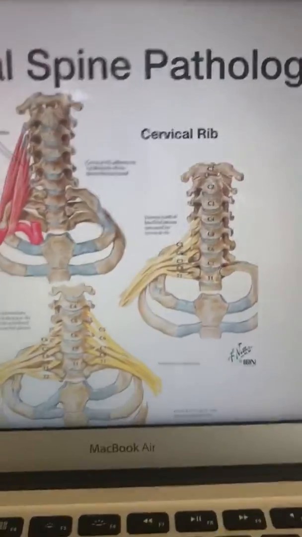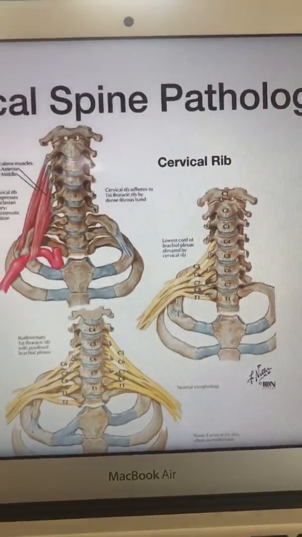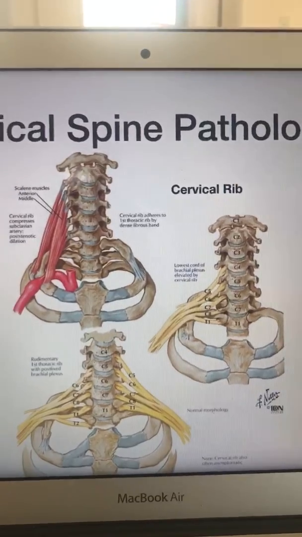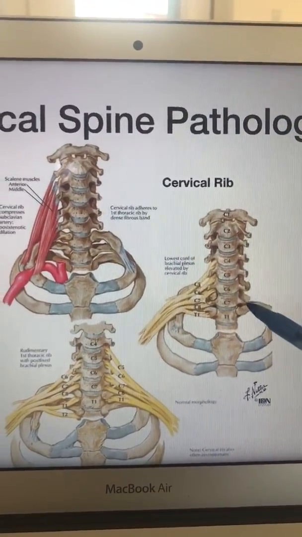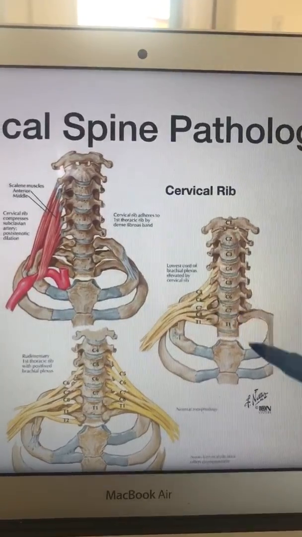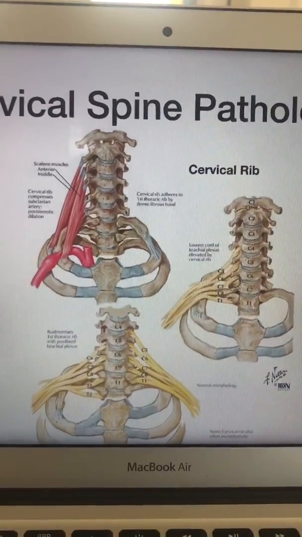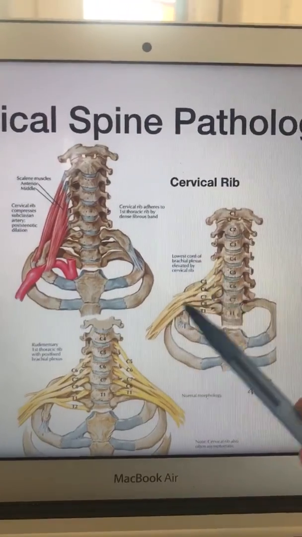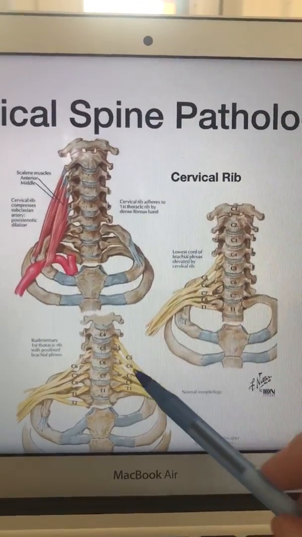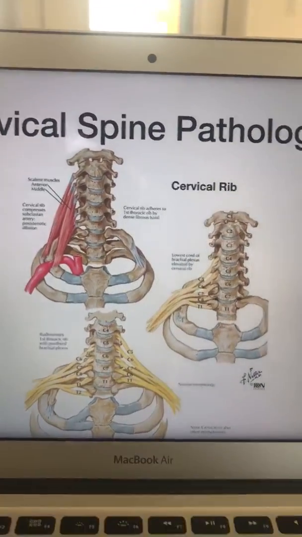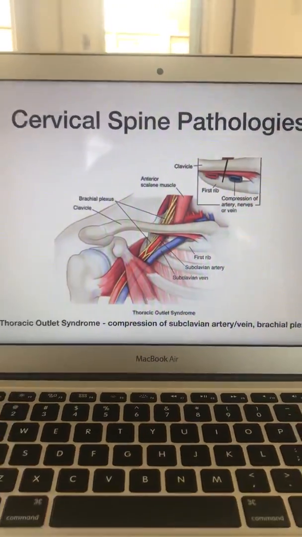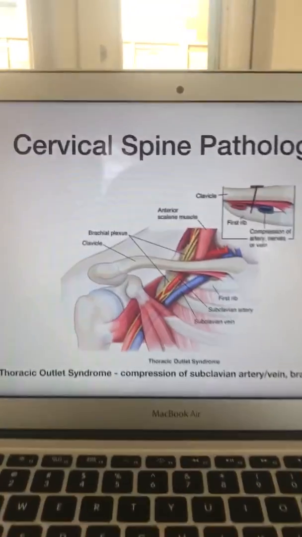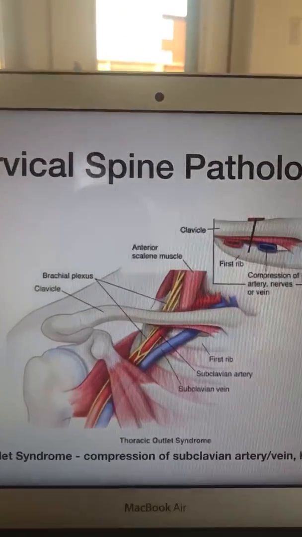Cervical rib, this will only occur at C7, so not up here. So just C7 having kind of extra bone growth on it. And then it leads to, because we have the cervical plexus here, just compression. Thoracic outlet syndrome, another kind of compression thing.